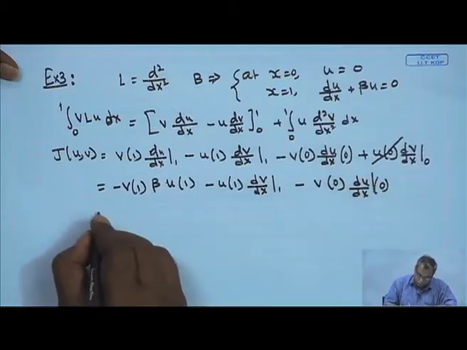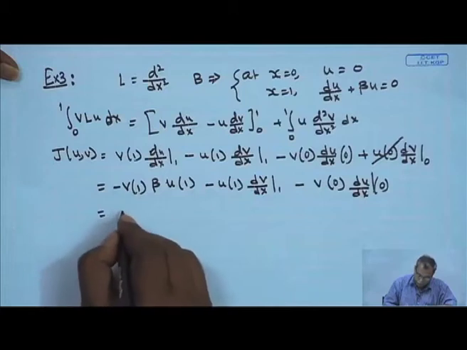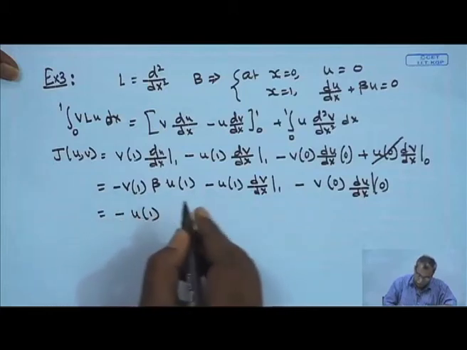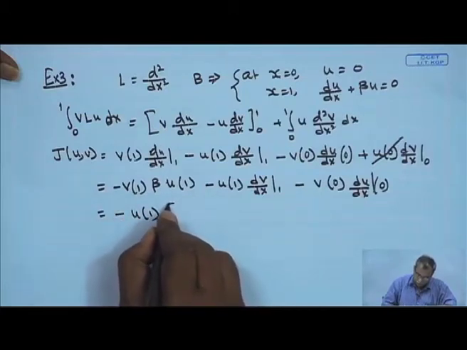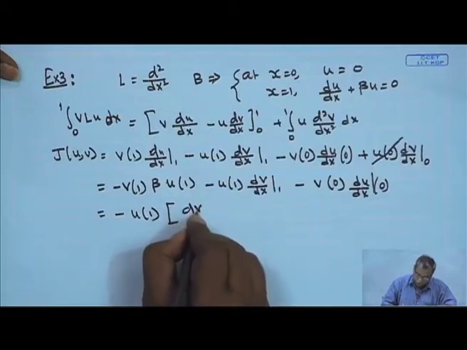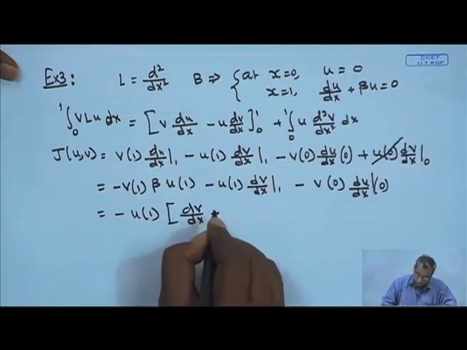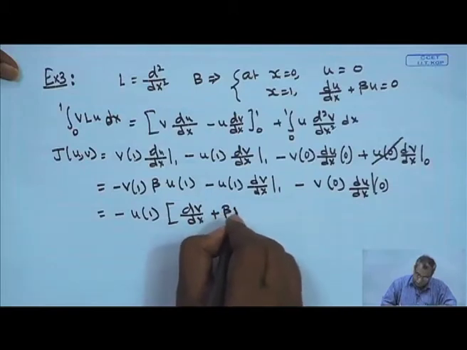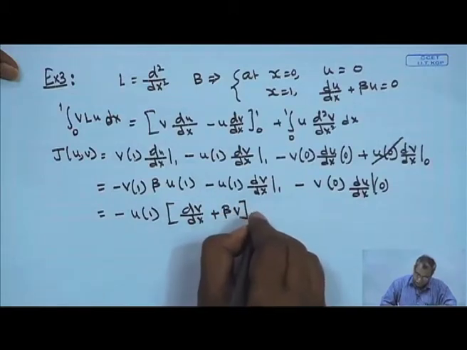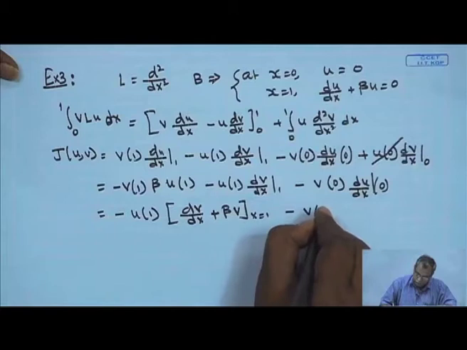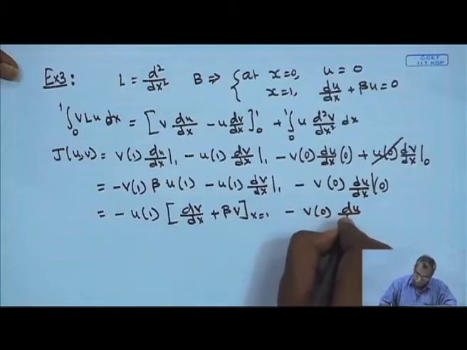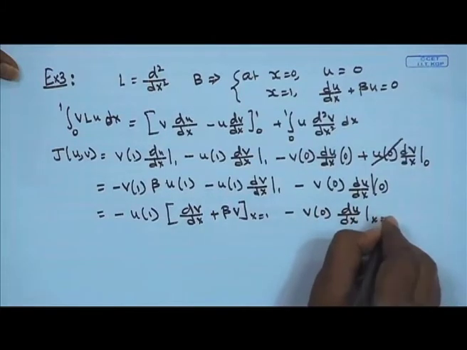Okay. So, we take u at 1 common. So, this becomes dv/dx plus beta times v evaluated at x equal to 1 minus v at 0 du/dx evaluated at x equal to 0.